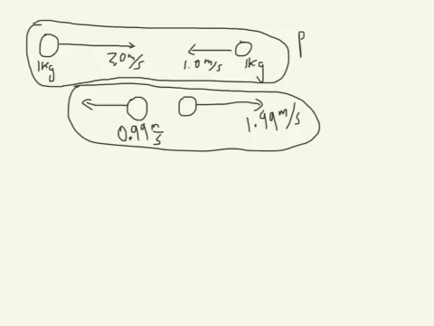So our initial momentum, and momentum is a vector, is the mass of ball 1 times the initial velocity of ball 1 plus the mass of ball 2 times the initial velocity of ball 2.